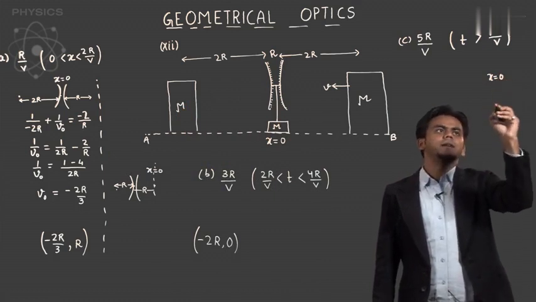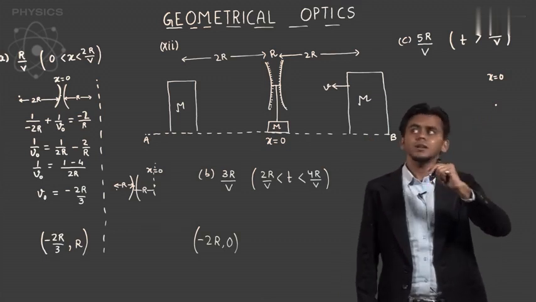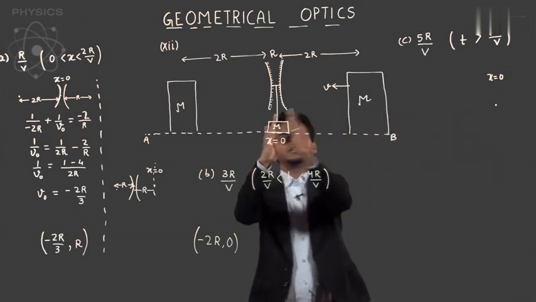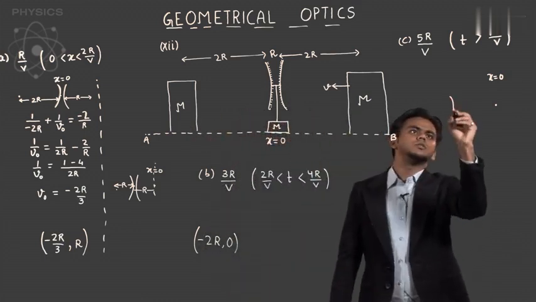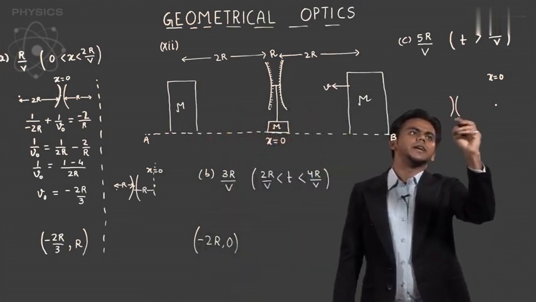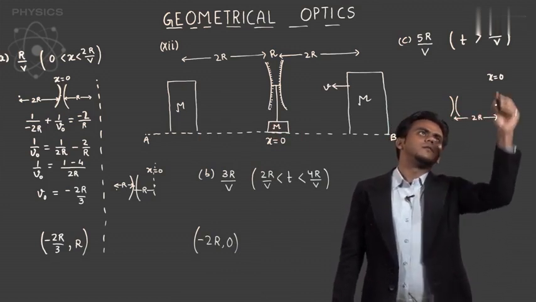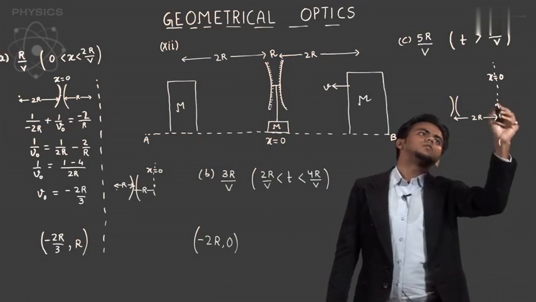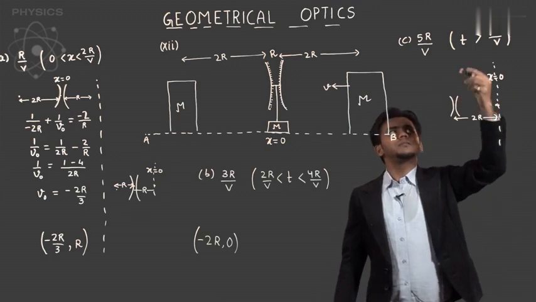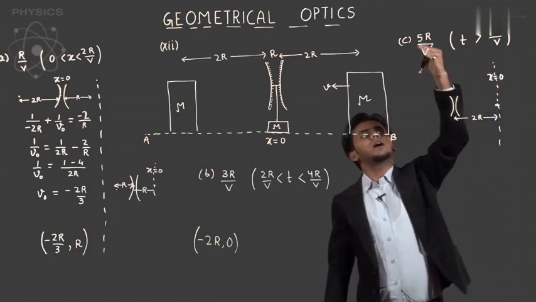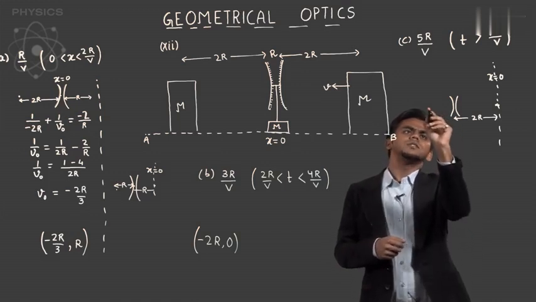Here I have my object. Then as this has moved here, the mirror has moved 2r ahead. So here is the mirror position, right? This is at how much distance away? 2r from x equal to 0 position. Now r further, because 4r by v to 5r by v is r by v, so r by v into v is r.